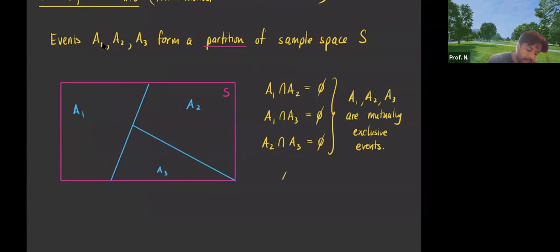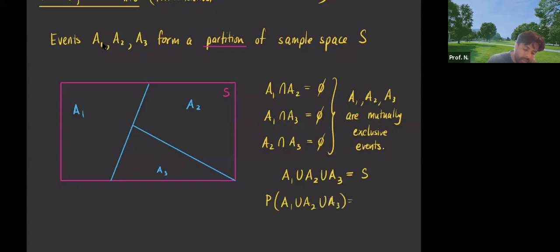And not just that, but A1 union A2 union A3. What does this union become? If I put A1, A2, and A3 together, it gives you exactly the sample space. So be careful. It's the probability of A1 union A2 union A3.